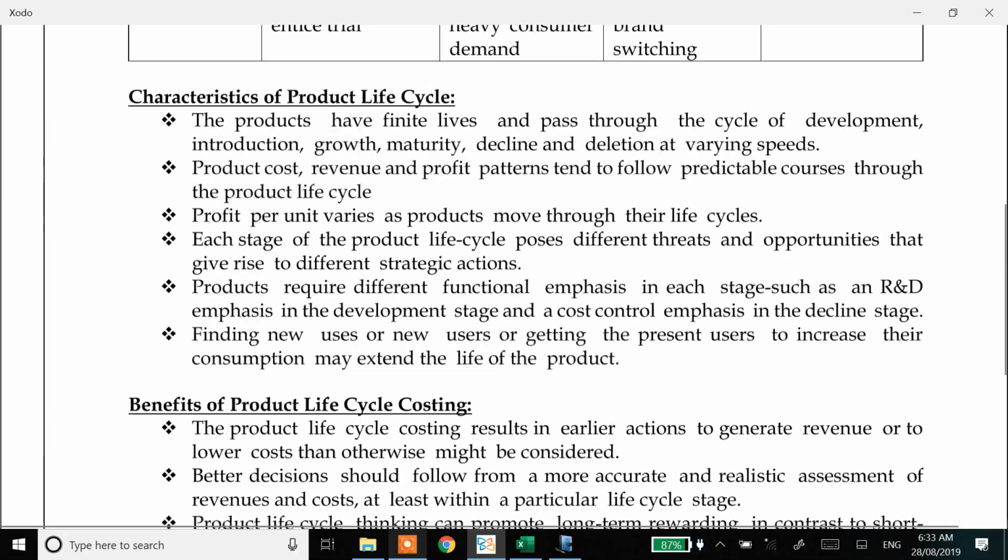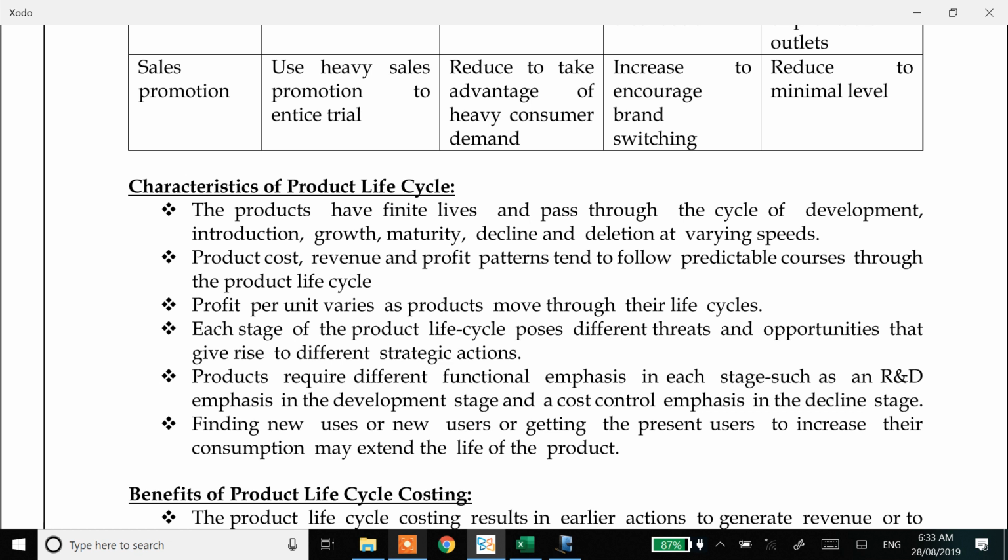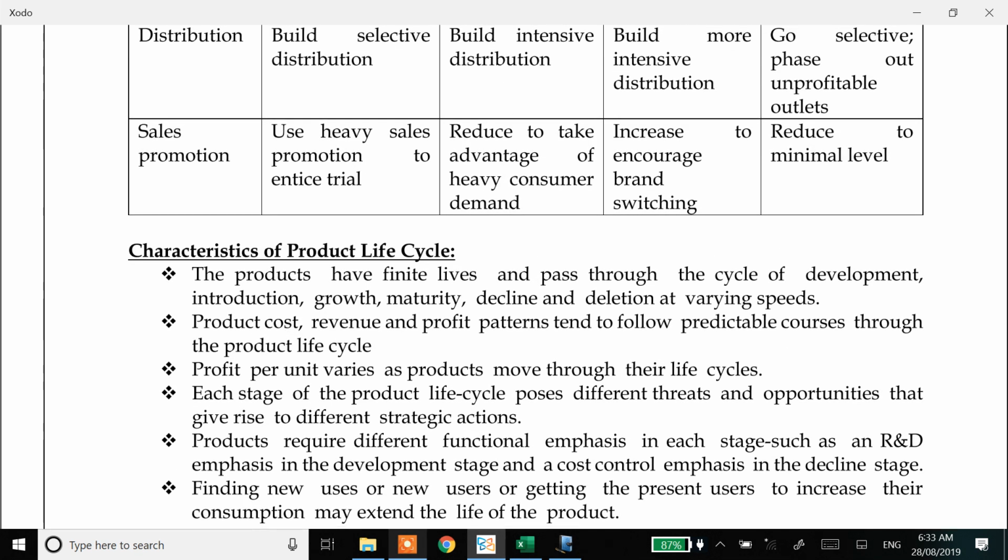Now there are certain characteristics of product life cycle as such. What product life cycle says is that it is possible to estimate the cost over the entire life cycle. I can estimate the cost over the entire life cycle. It is possible for me to predict the cost across the entire life cycle.